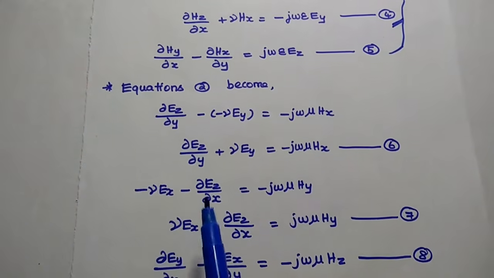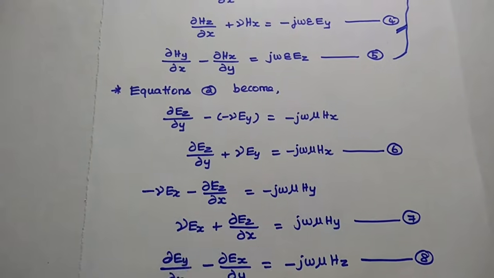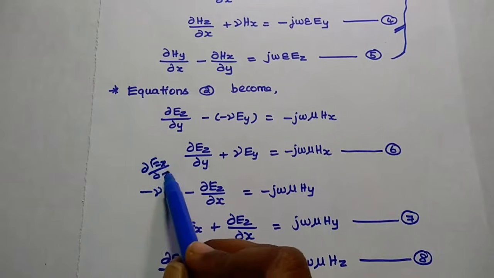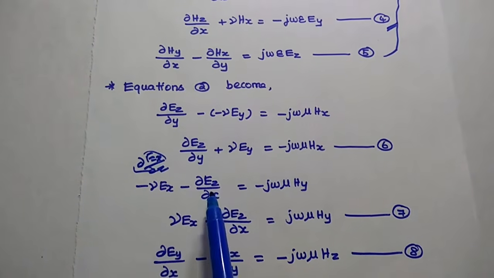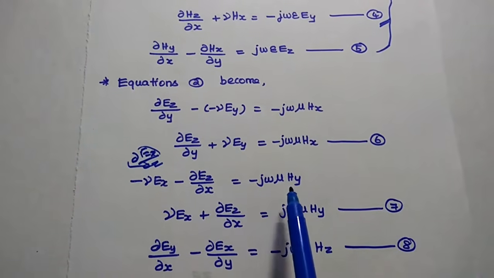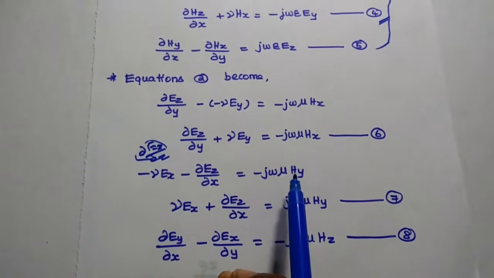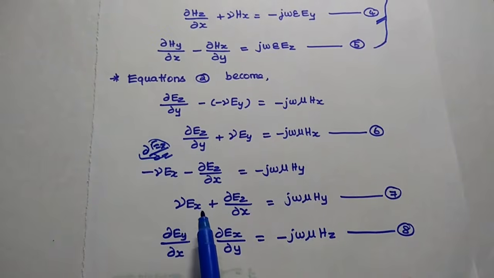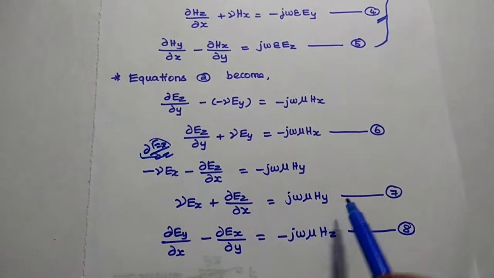Then the second one of the second equations: ∂Ex/∂z can be replaced with the value −γ Ex, minus ∂Ez/∂x, is equal to −jωμ Hy. For further simplification, we can multiply the minus sign on both sides. We get γ Ex + ∂Ez/∂x = jωμ Hy.